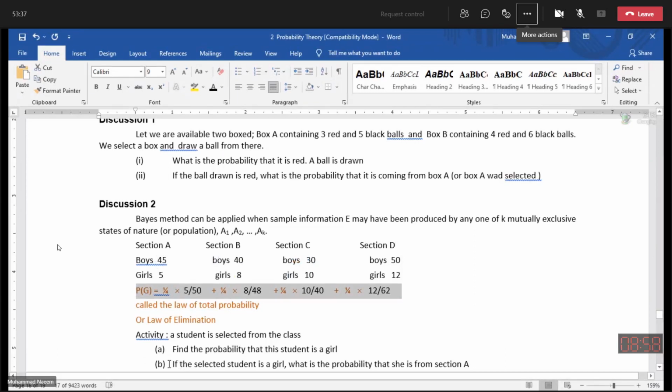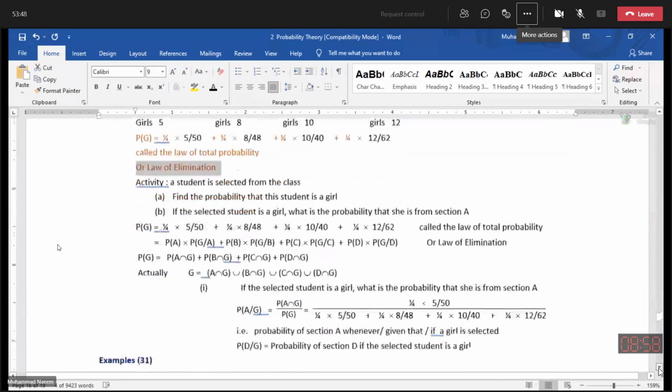Now, this is called law of total probability and also called the law of elimination.